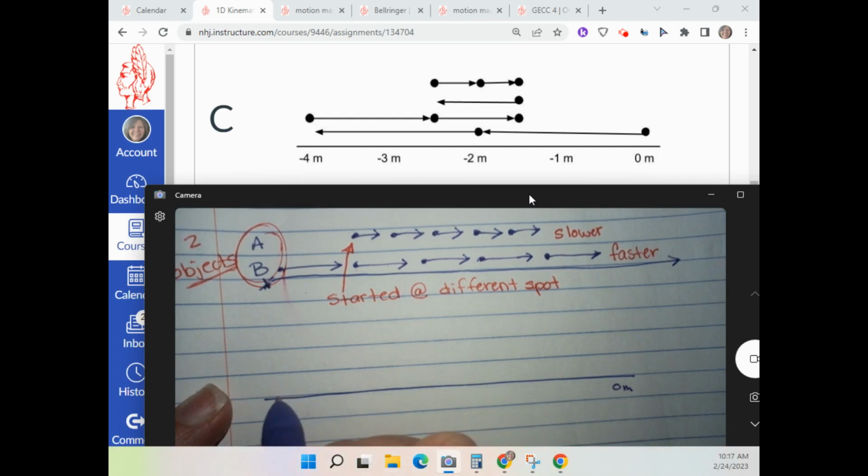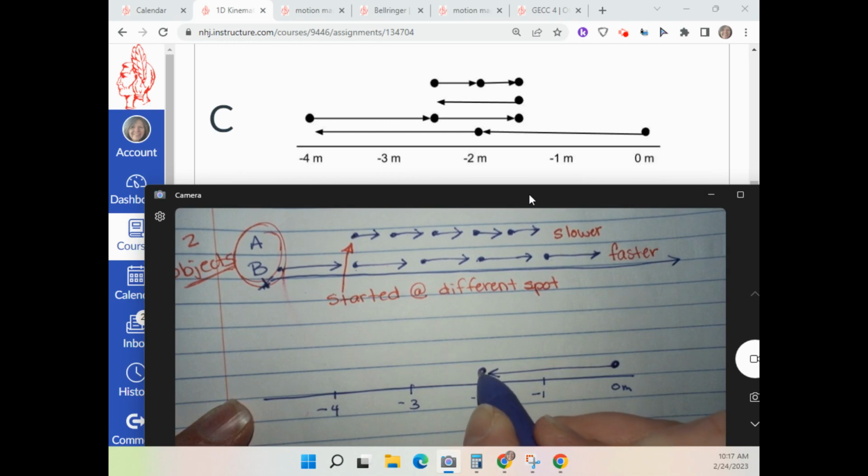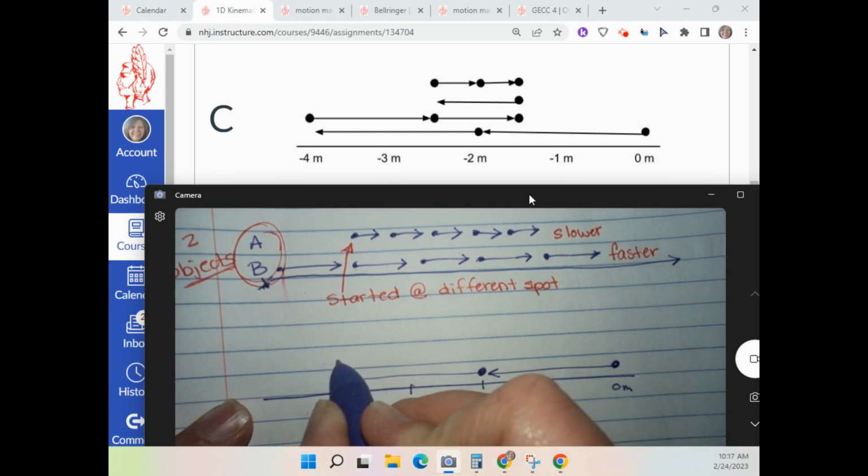We had 4. Let's say those tops were 1 meter each. My spacing isn't exactly perfect, but that's okay. All right, so we started at 0, went to 2, 4.